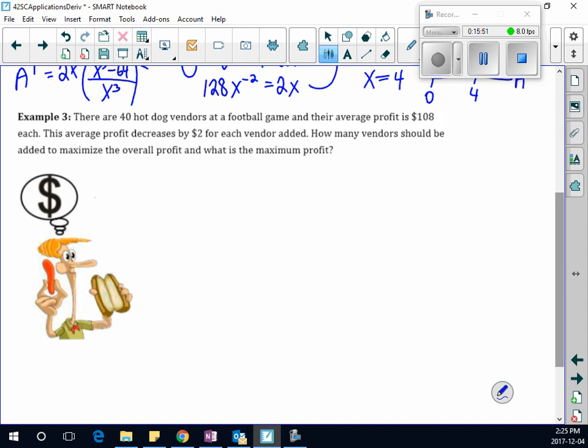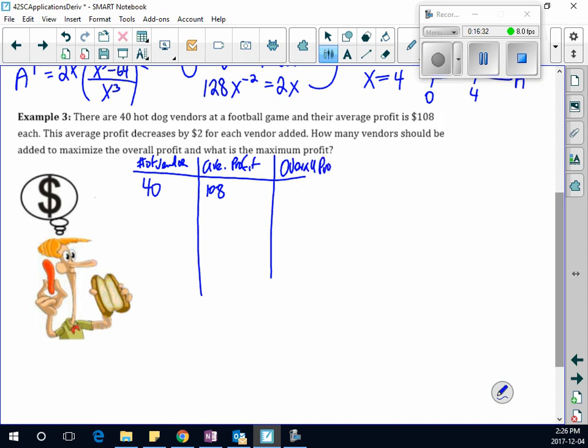For instance, if you have 40 hot dog vendors and their average profit is $108 each, this is the number of vendors, this is their average profit, and this is the overall profit.